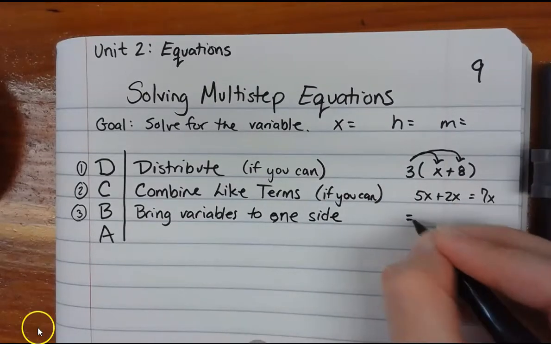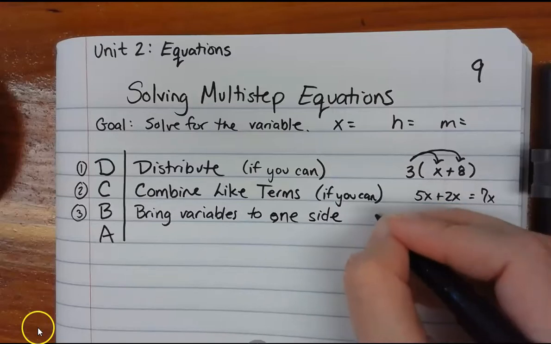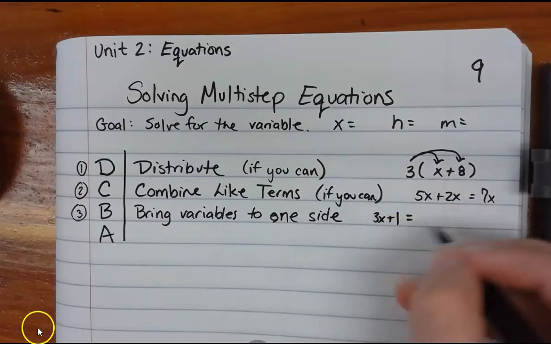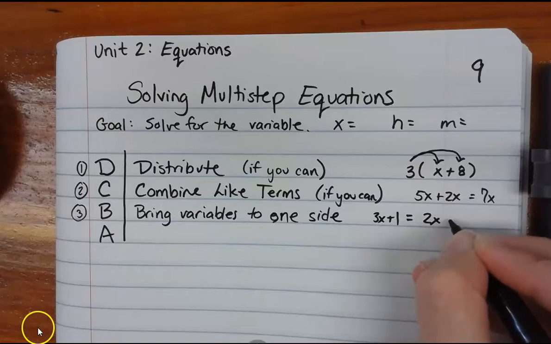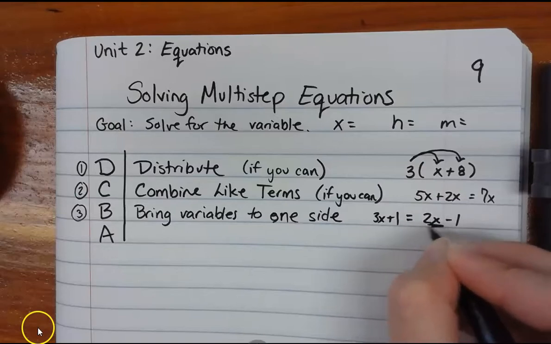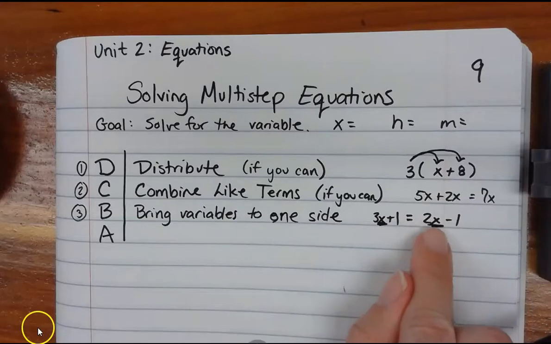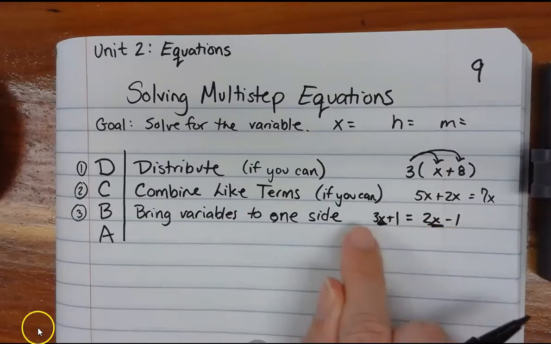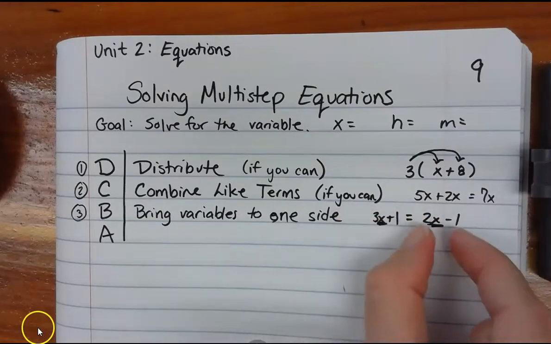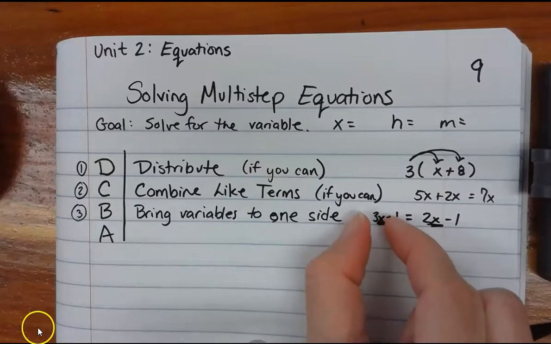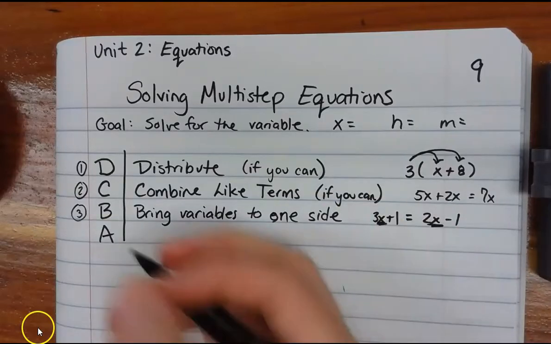That means if you have an equation where you have, let's say, 3x plus 1 on this side, and you also have an x over here, so you've got this x and this x, we need to make sure that those x's are on the same side. We can't solve if x is over here and x is over here. We're going to want to either move this x onto this side or move this x onto this side, and we'll do an example of that in a minute.